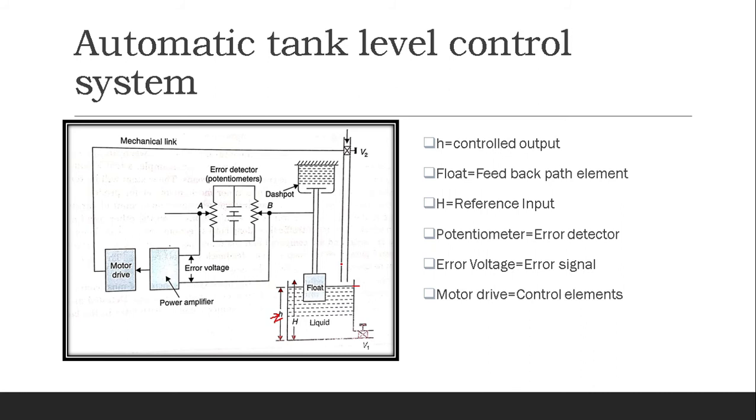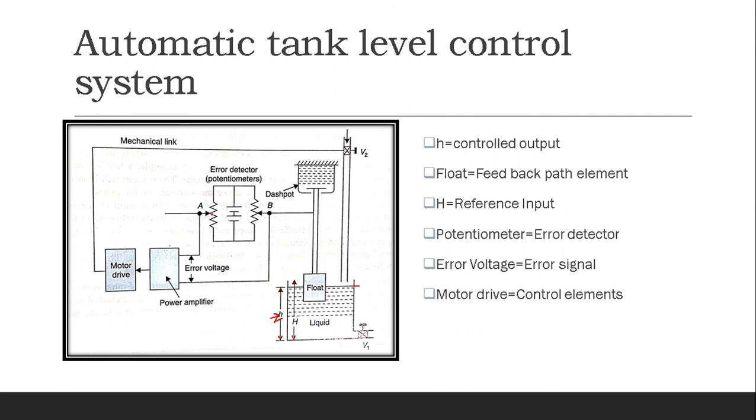Now this float is also joined with the position slider arm, that is B, on a potentiometer. Here you can see a potentiometer. The slider arm A of another potentiometer is positioned corresponding to the desired level H. So it is already predefined that we want to achieve this point.